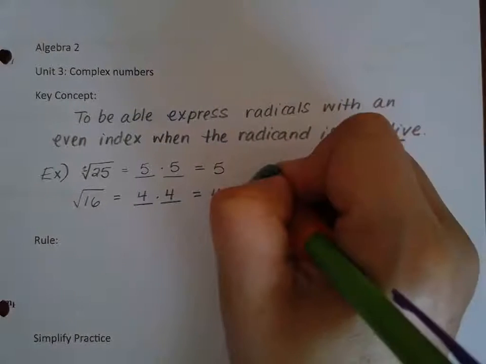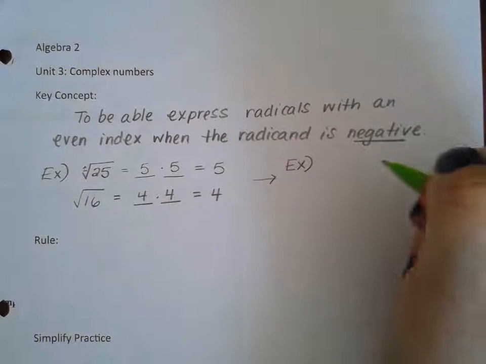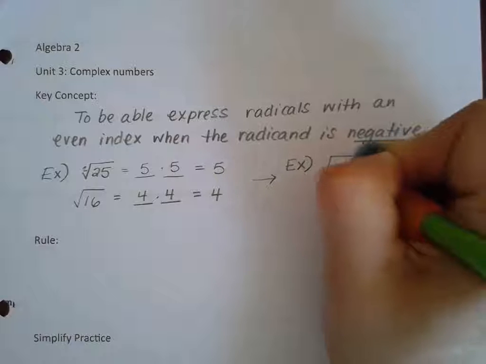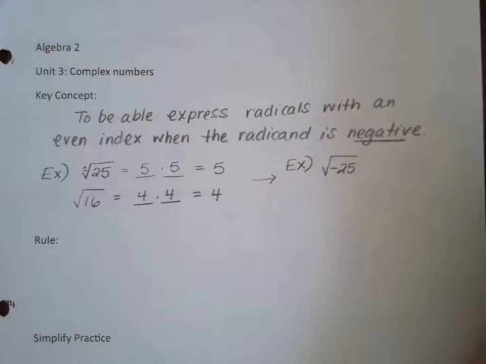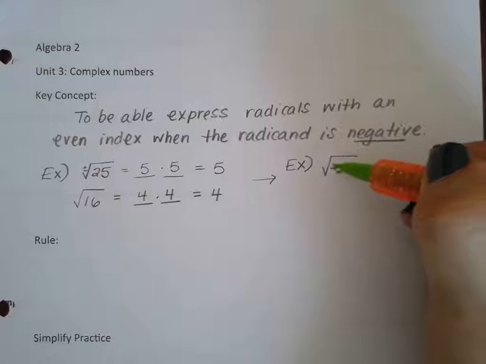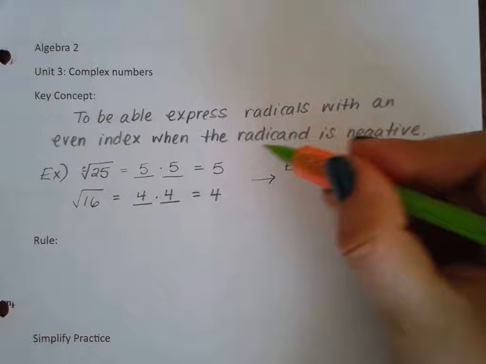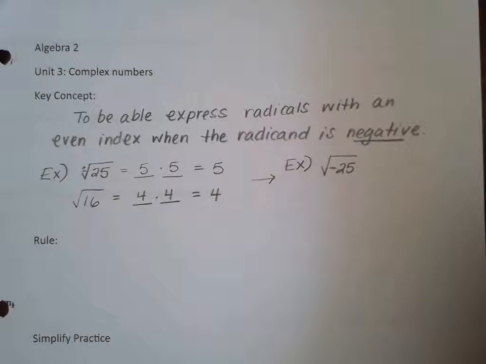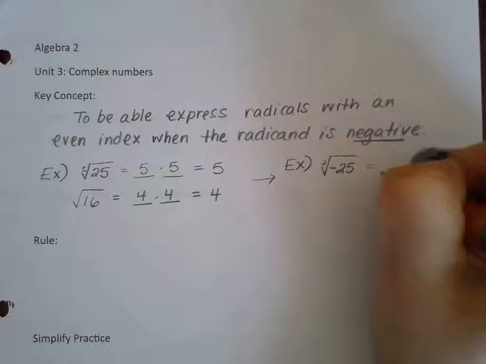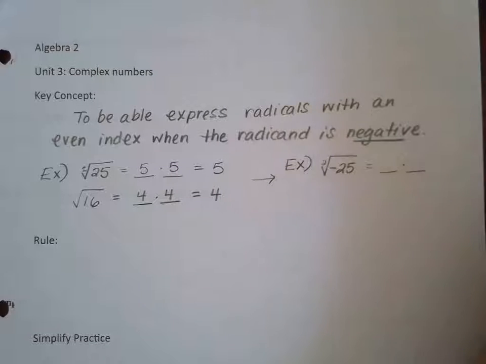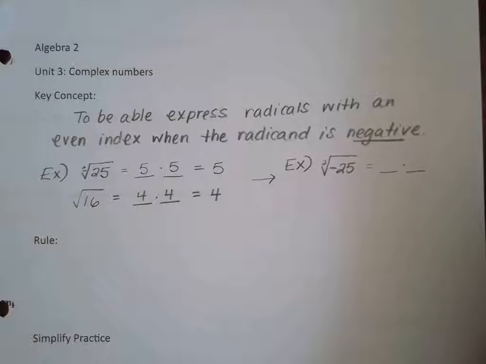The problem is, what about when we have the square root of negative 25? The negative 25 is the number under the radical. That's called the radicand. It's still a square root, so you're still trying to find two identical numbers that multiply together and give you negative 25.